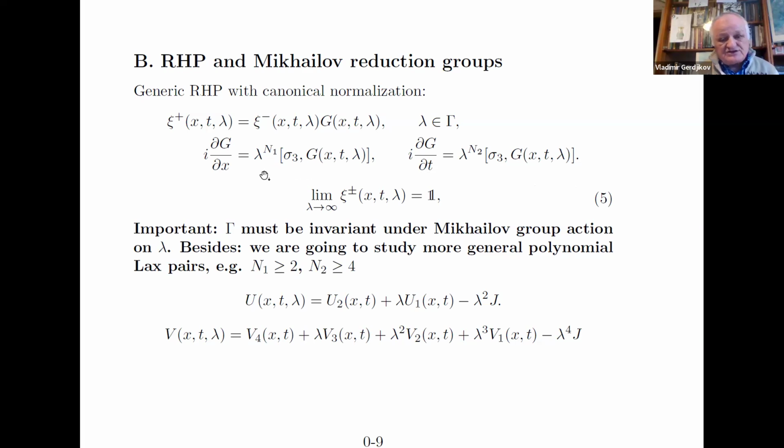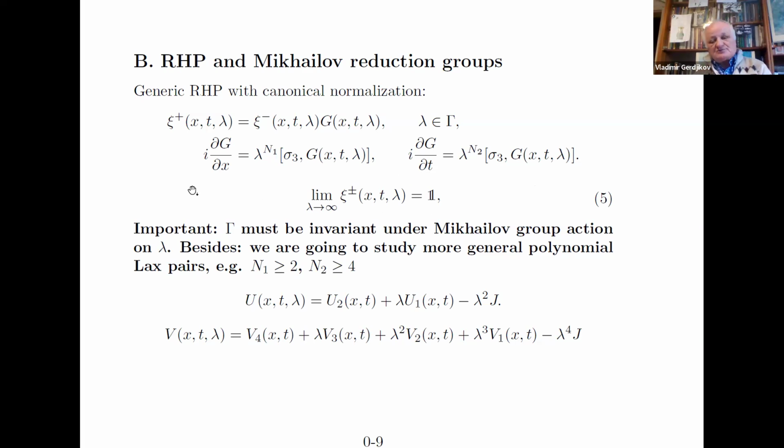And here is just an example of these equations. N1 and N2 must be integers, typically 2 or larger than 2. And in addition, we have this canonical normalization.